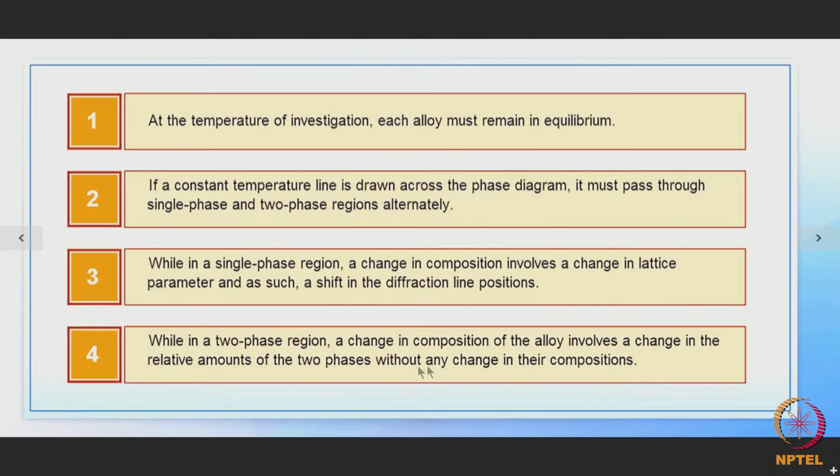It will be without any change in their lattice parameters, not compositions. So, this is another important thing to remember, that while in a two-phase region, a change in composition of the alloy will involve a change in the relative amounts of the two phases without any change in their lattice parameters. Now, let us see what it means.